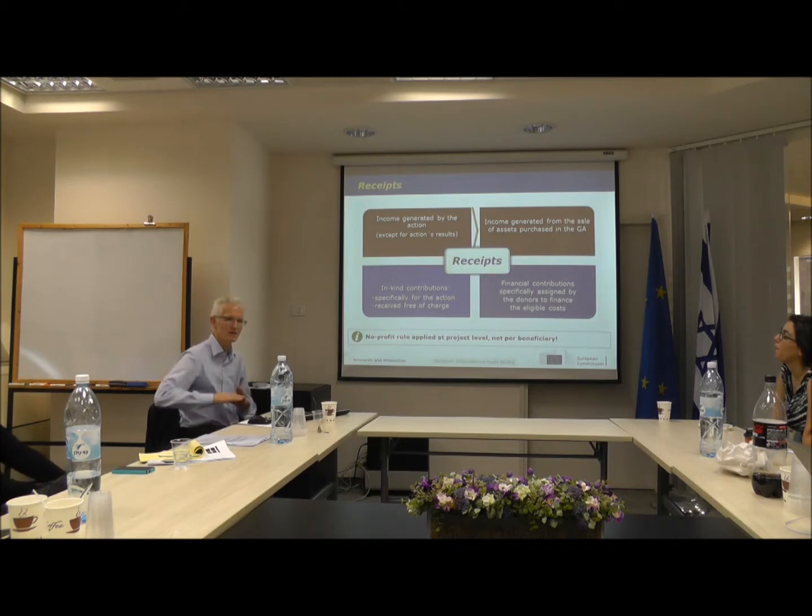So income must be balanced against the EU contribution. But there are only certain things counting as receipts. This is income generated by the action, but except income generated through exploiting the results of the project. So for instance, because that's the very purpose of the project.